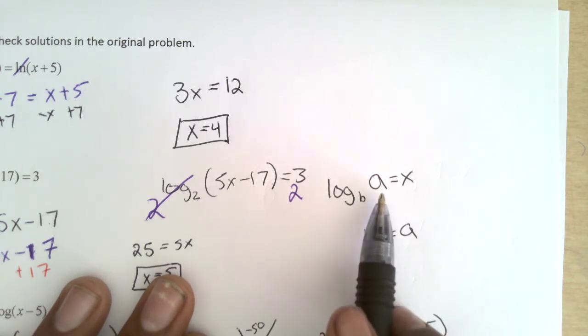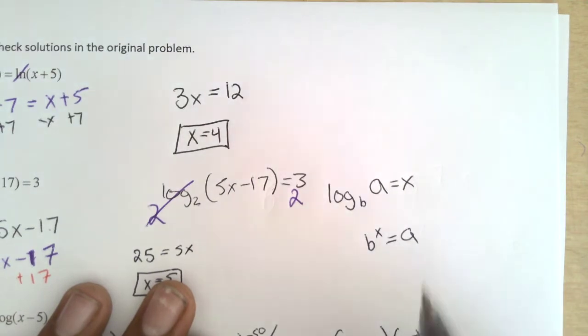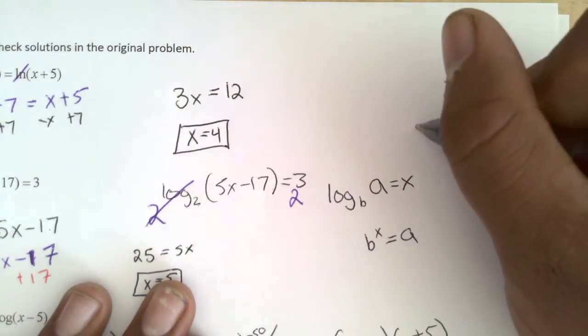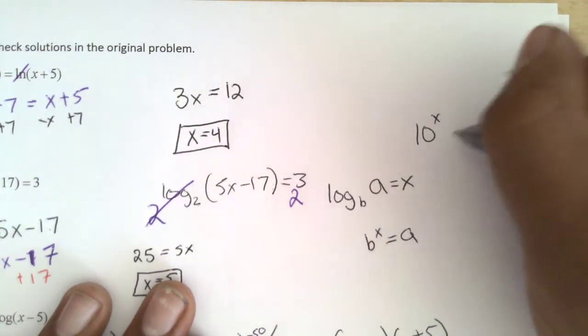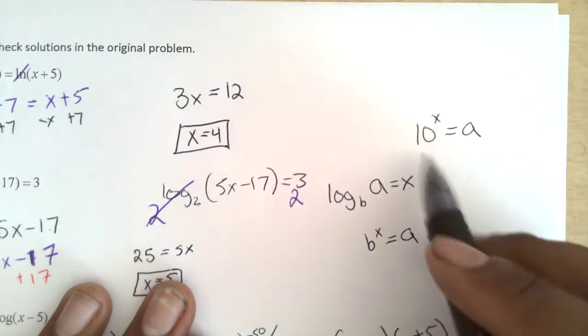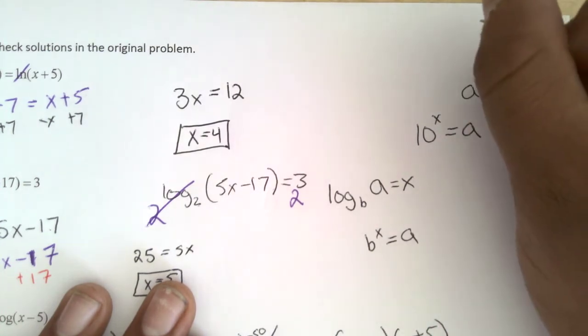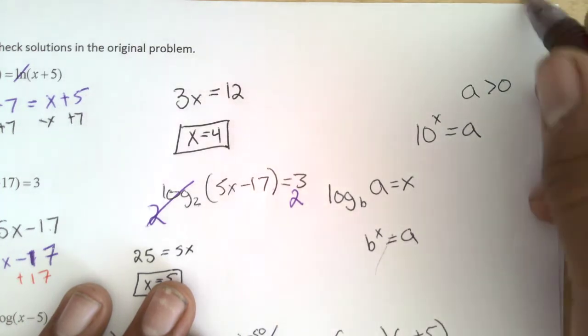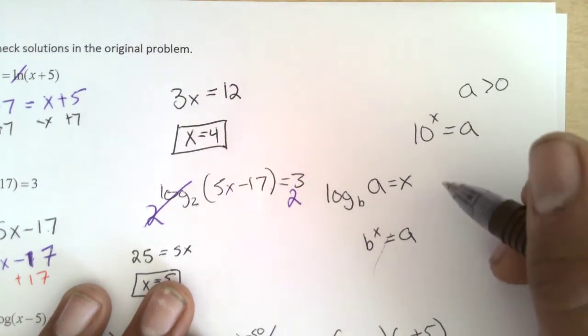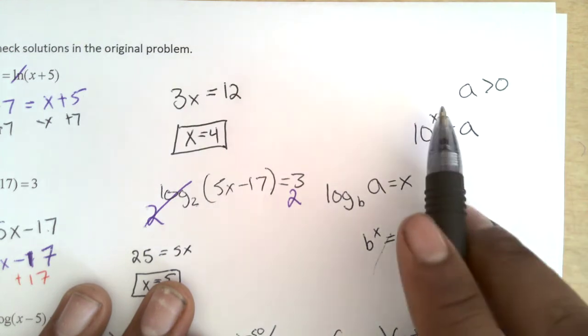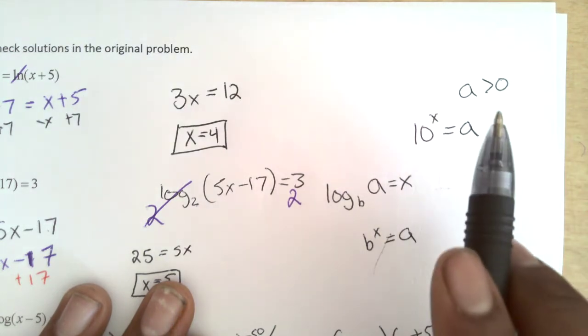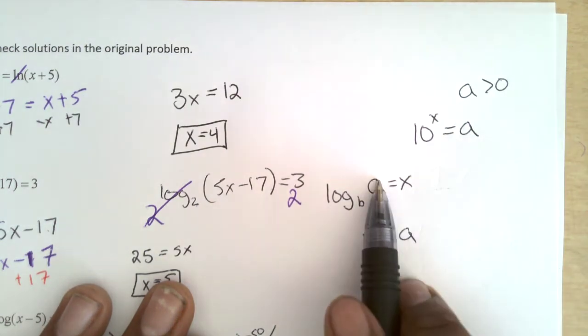And that's really important to remember. The concept I'm going to explain just one more time is that, for example, if I had something like 10 to the x equals a, a is always going to be greater than 0. The graph of that function even would have an asymptote at 0. There is no exponent that will create a to be negative. And that includes right here.